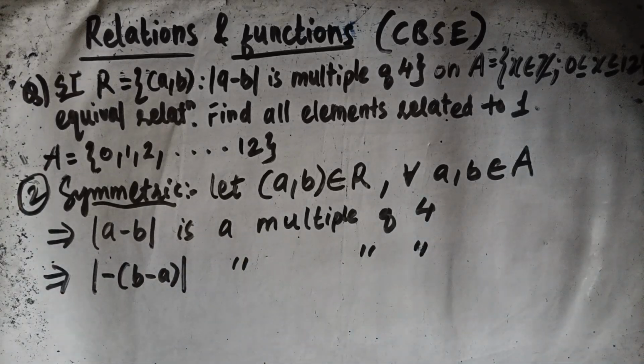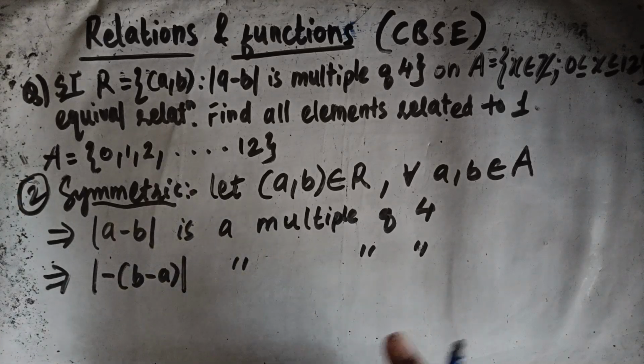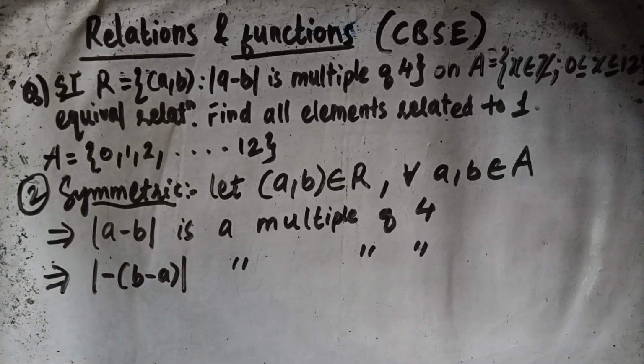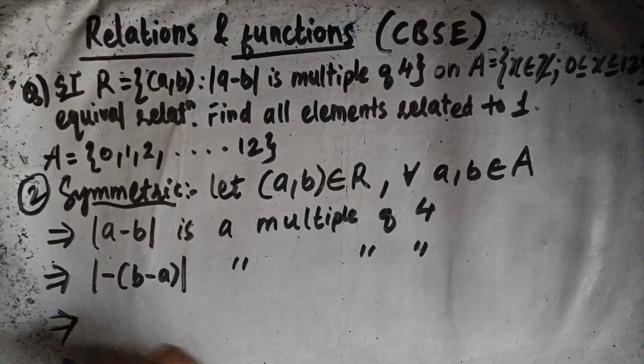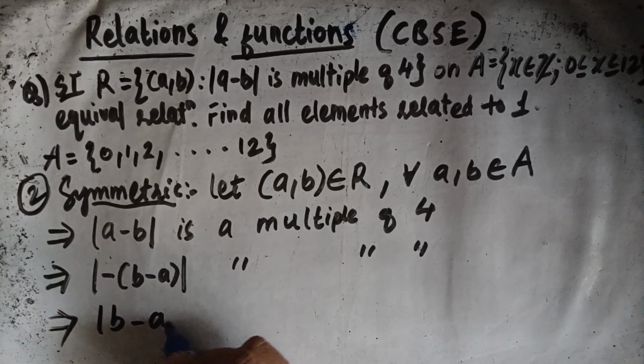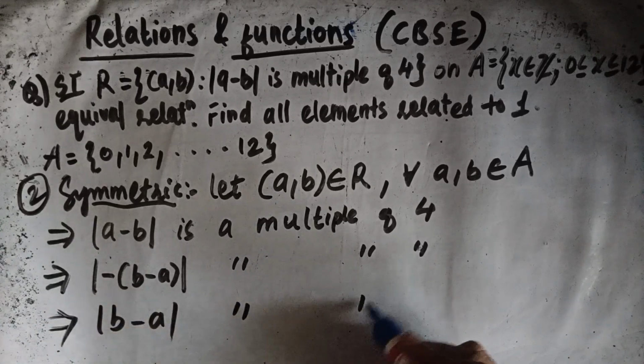This is the same thing we have done for divisible by 3. This is for multiple, so the same type of steps you have to follow. Here we can write B minus A is a multiple of 4.